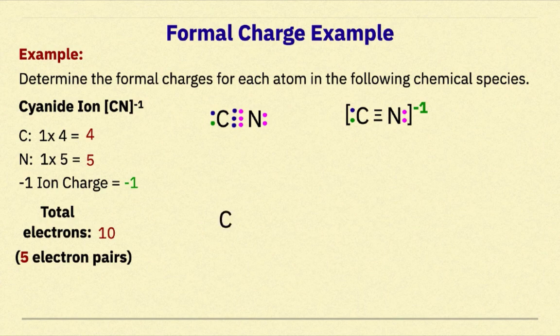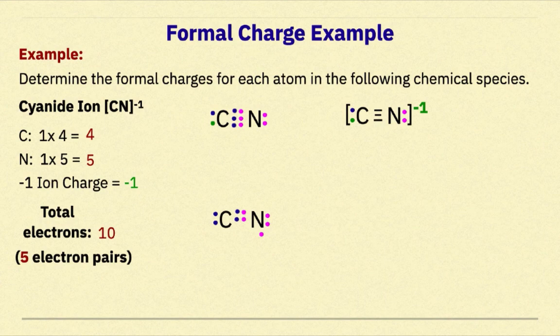So we have carbon and nitrogen. Carbon will have its 4 valence electrons, 1, 2, 3, 4, and the nitrogen will have its 5, 1, 2, 3, 4, and 5. Now I'm going to move my electrons into bond. So one from the nitrogen, one from the carbon, and then instead of giving that extra ion charge to the carbon like I did above, what happens if I give it to the nitrogen?